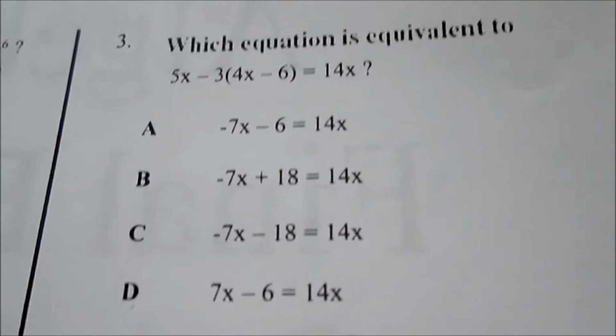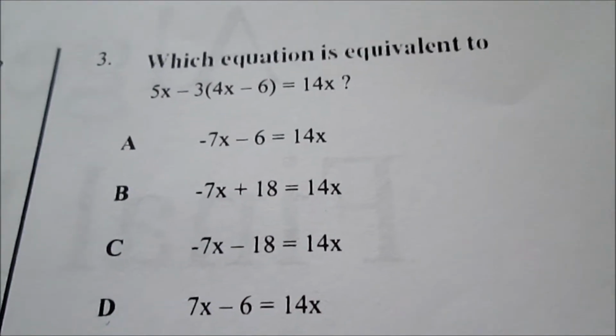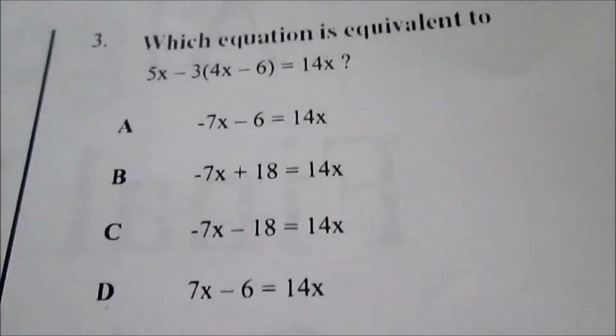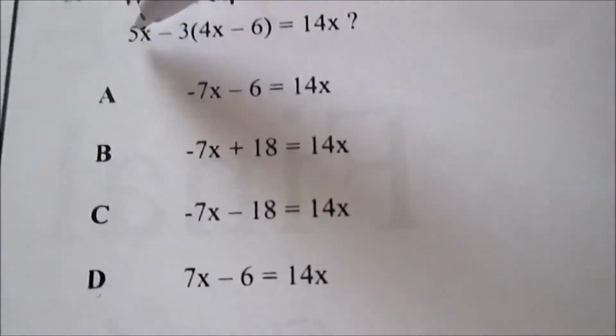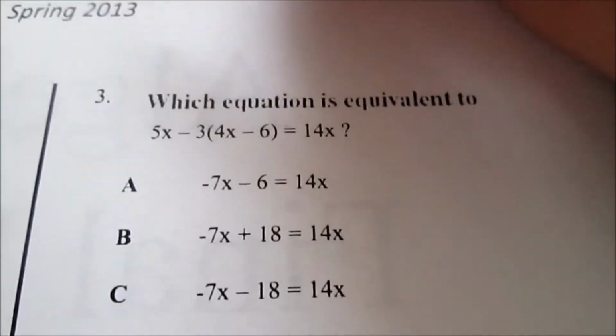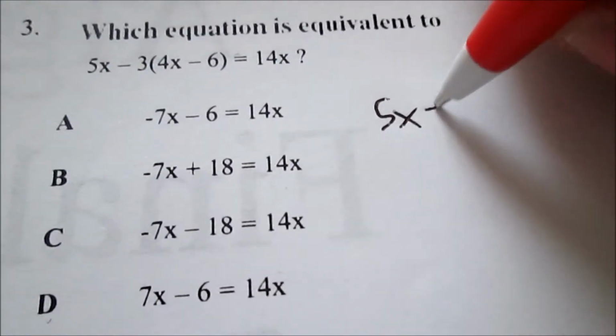Okay, number 3. Which equation is equivalent to, I'm not going to read this out, it's there. My best bet is to go work through it and try to condense it down.